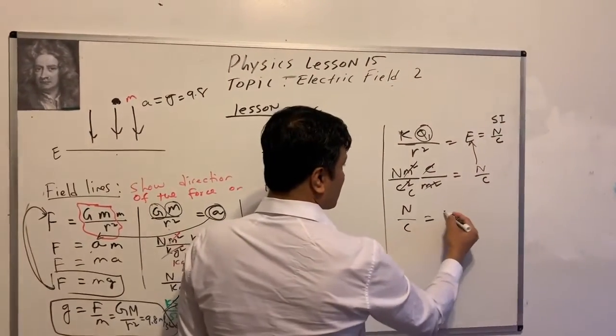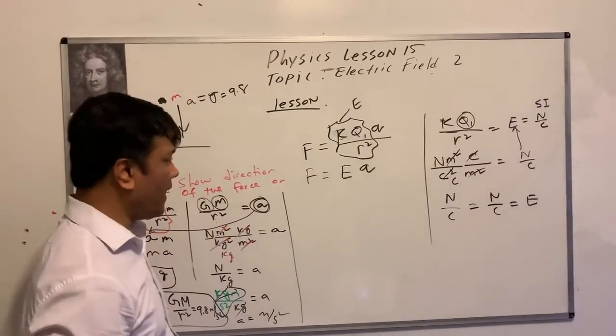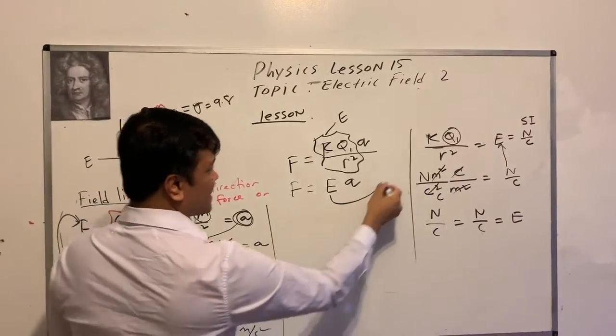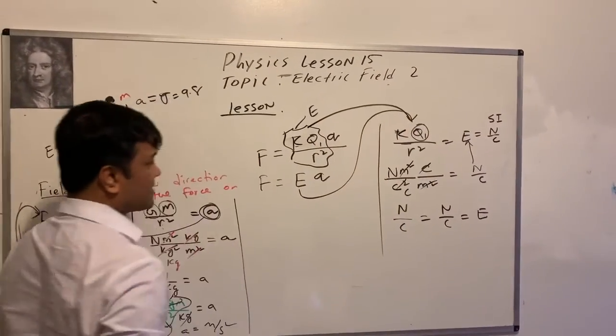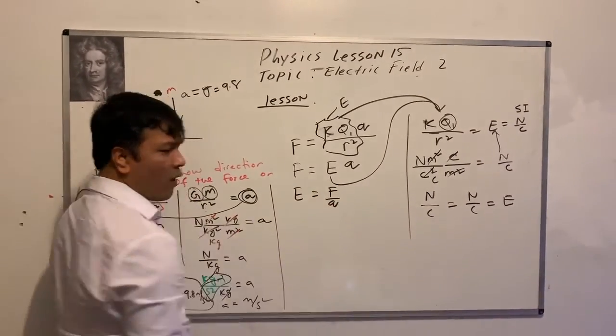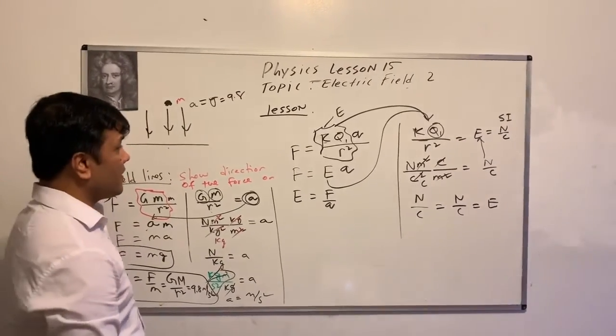So N over C must be E. That's where E comes from. We just proved that E is equal to this. So then electric field must be F over Q. Voila! Electric field is F over Q.